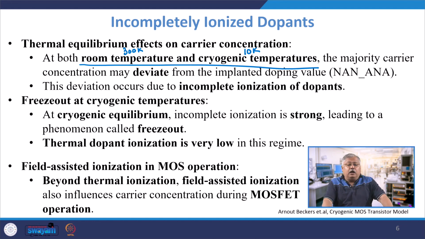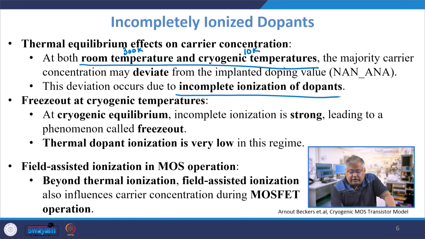So if you do an implantation, say a Gaussian implantation, and assume the implantation and annealing are proper, we still get a deviation between the number of acceptor or donor species inserted into an intrinsic semiconductor and the total number of electrons available. However, please understand, electrical neutrality is never violated. Electrical neutrality will always be maintained, and that is why it is known as an incompletely ionized dopant species, or acceptor species as well. Either of the two can be true.